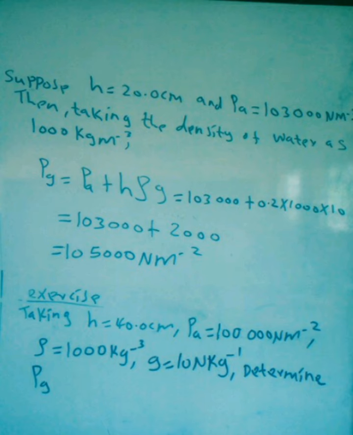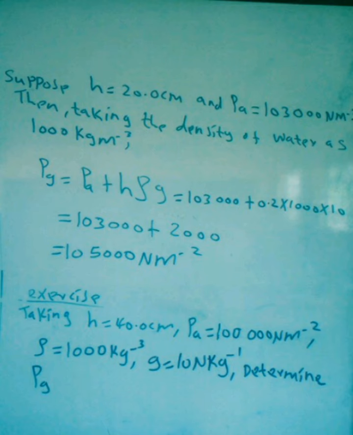Substituting in the formula, the pressure of the atmosphere is 103,000 plus 0.2, whereby 0.2 is the height of 20 centimeters converted into meters by dividing by 100, times 1000 times 10. Simplifying, we get 103,000 plus 2000 to get a total of 105,000 Newton per square meter, whereby Newton per square meter is the SI unit of pressure.